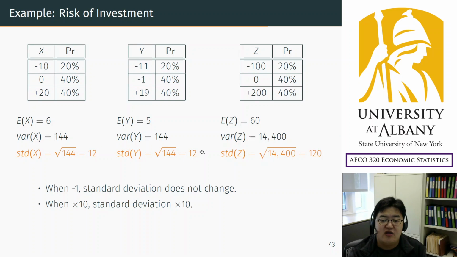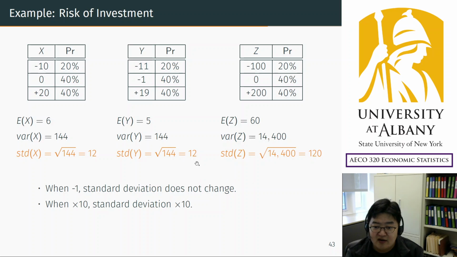From the example, we can easily calculate the standard deviation because we already have the variance. Variance was 144 in the original example. If you simply take the square root, it becomes 12. Second one, the same. And the last one, 14,400. Take the square root, use a calculator, and you will get 120.